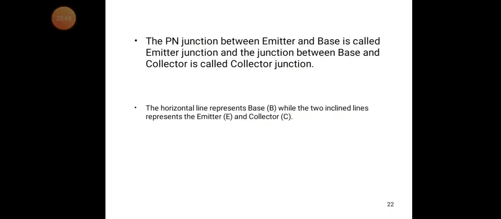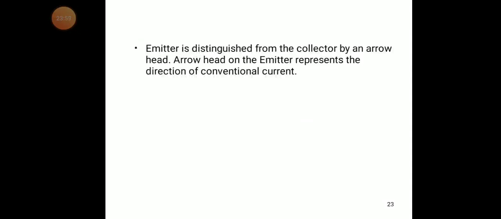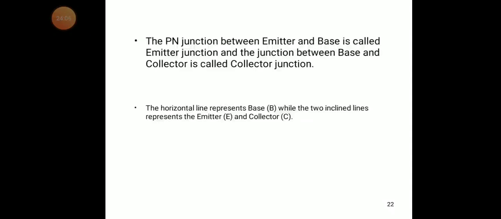We have two junctions: the emitter-base junction and the collector-base junction. In the symbol, the horizontal line represents the base, while the two inclined lines represent the emitter and collector.